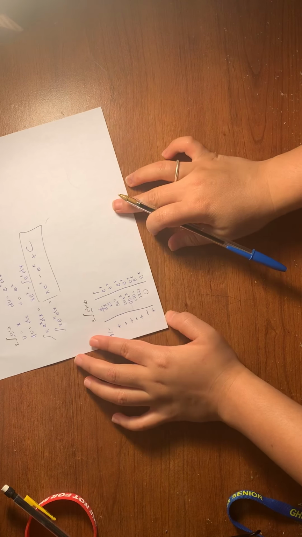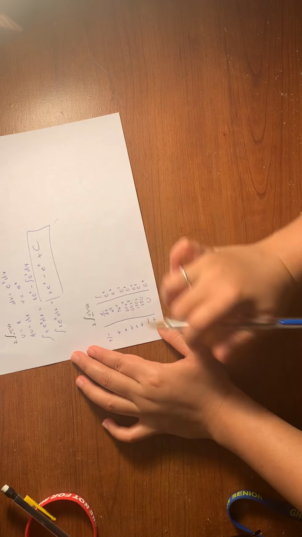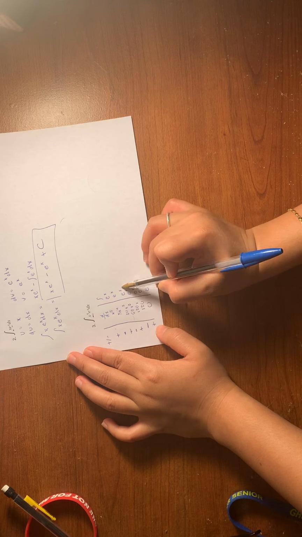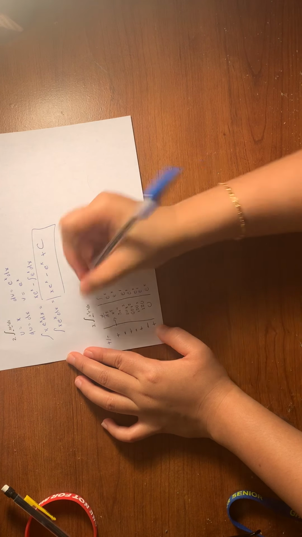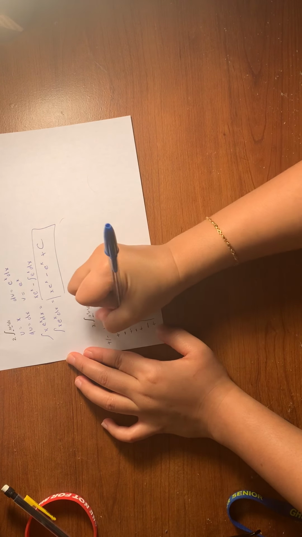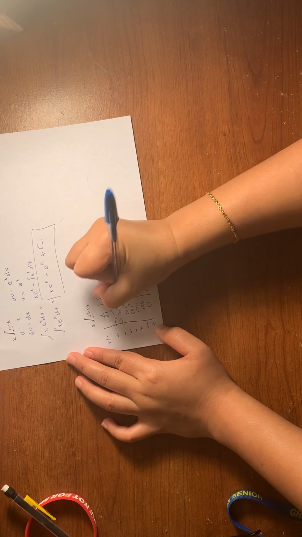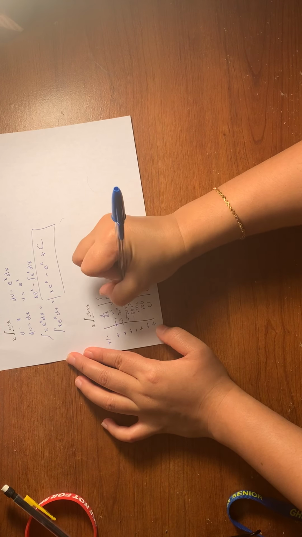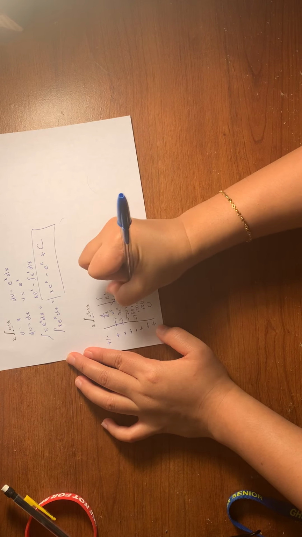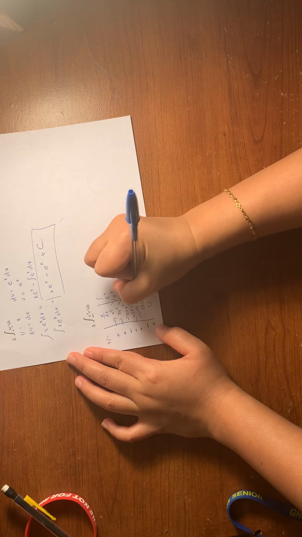So for Tabular's method, you don't go sideways, you actually have to go diagonally. So the plus goes with this, and the x to the 5th goes here. Minus here, plus here, minus here.